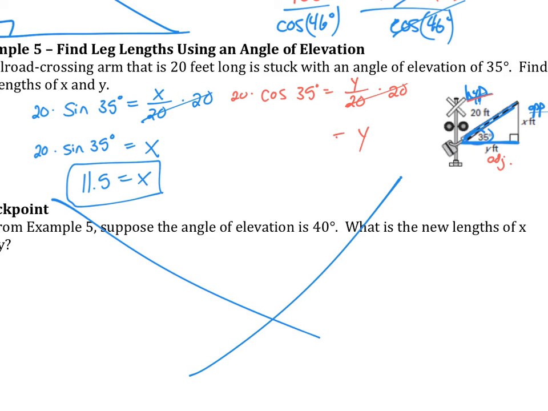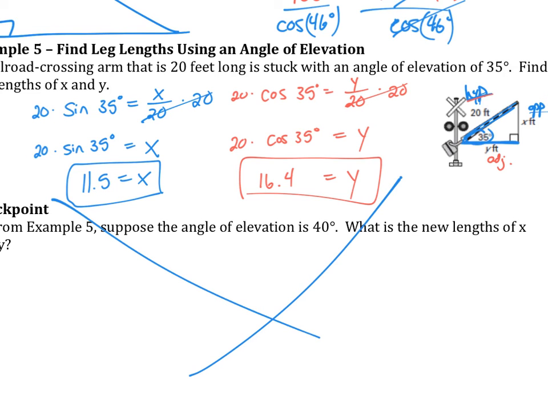So we end up with y equals 20 times cosine of 35 degrees. So take out your calculator and do 20 times cosine of 35. And it looks like y will equal 16.38, so about 16.4.